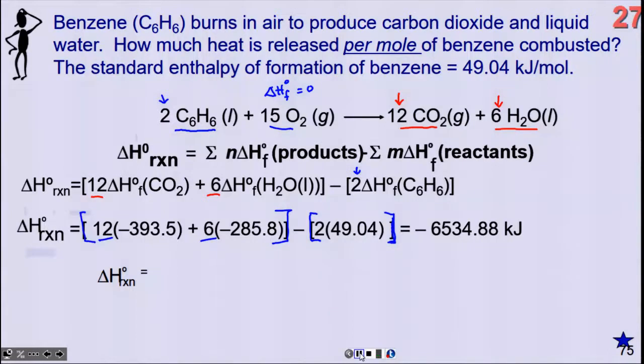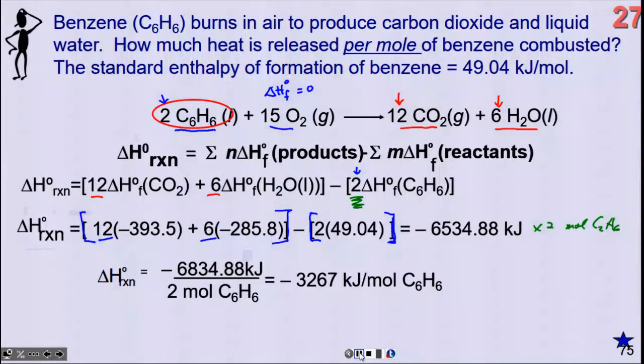But guess what? We have one more line here. That is for 2 moles of the benzene. And what we're looking for is per mole of benzene combusted, this is for 2 moles of C6H6. So we aren't done yet. If it's 2 moles of benzene, then that number we got there, which appears to have been transcribed incorrectly, sorry, that should be a 5.